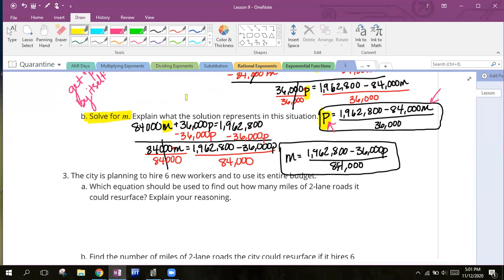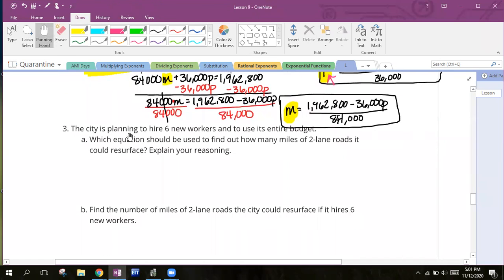So this equation is now solved for M, so that makes it easier to find the number of miles that we're looking for. This one up here helps us make it easier to find the number of people we can hire. So it says this city is planning to hire 6 new workers and use its entire budget. Which equation should be used to find out how many miles of 2-lane road it could resurface?